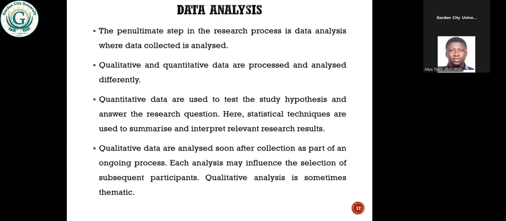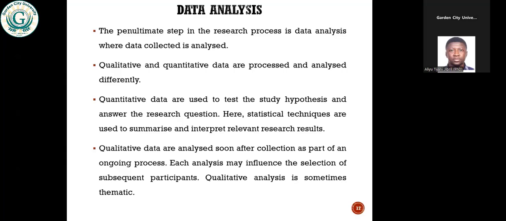All right, so in data analysis, after we have collected our data, we must analyze it to make sense. Just having the data doesn't make any sense until we analyze it. When we are analyzing data, quantitative analysis is different from qualitative analysis. They don't have the same analysis. Quantitative data would involve statistical analysis to test whether there is a significant difference in two variables.